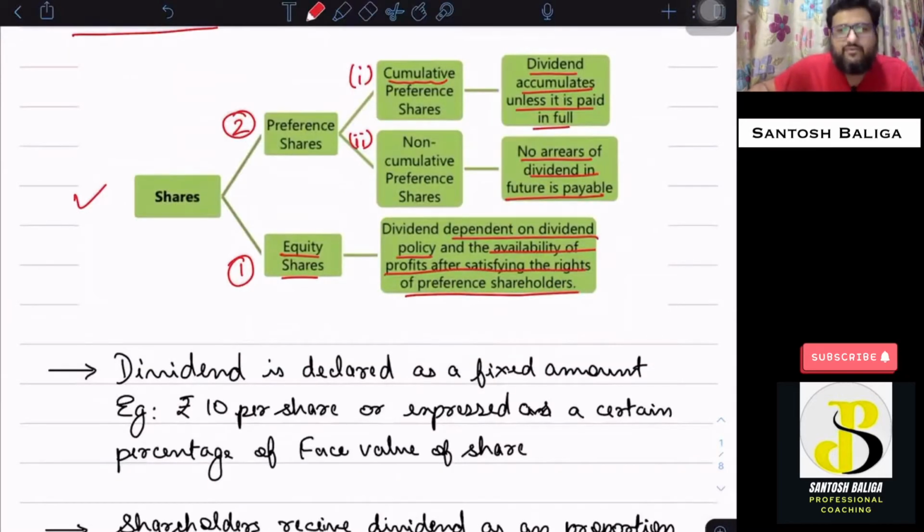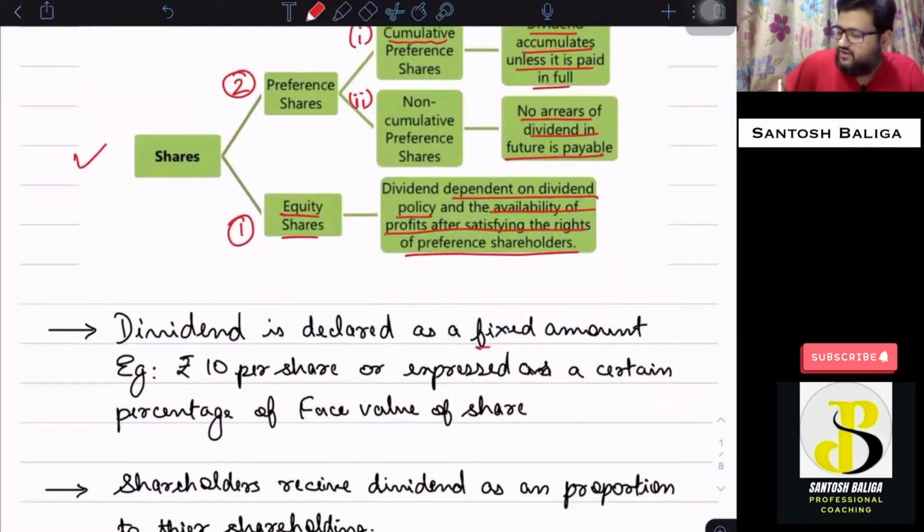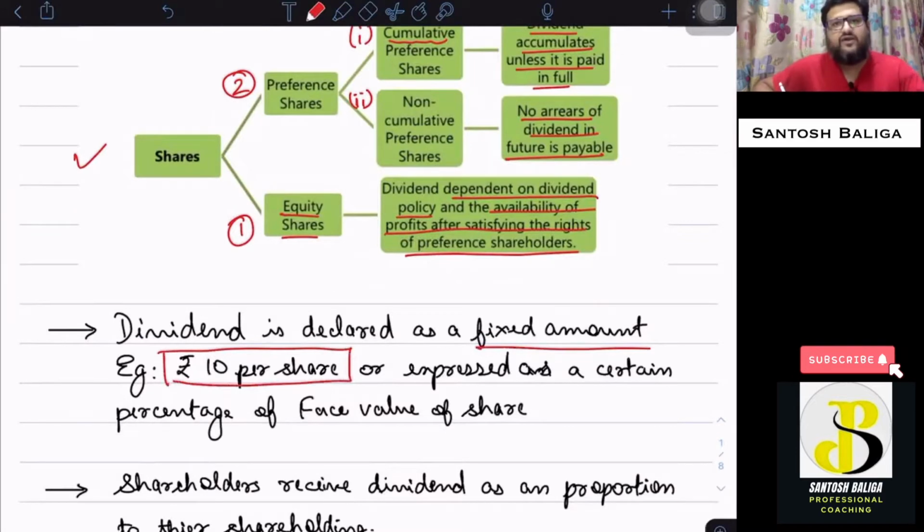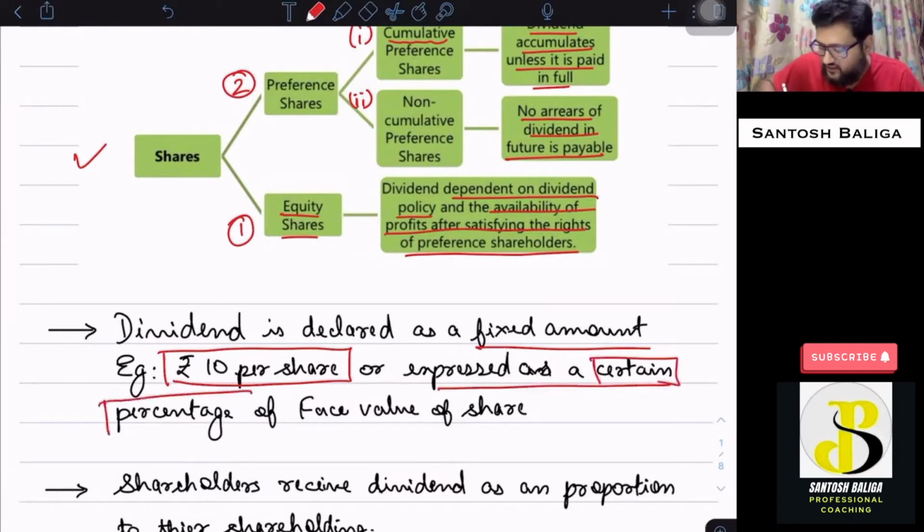Dividend can be declared by the company as a fixed amount. That is, the company may declare it as, say for example, 10 rupees per share, 1 rupee per share, or they may also declare it expressed in a certain percentage to the face value of the share.